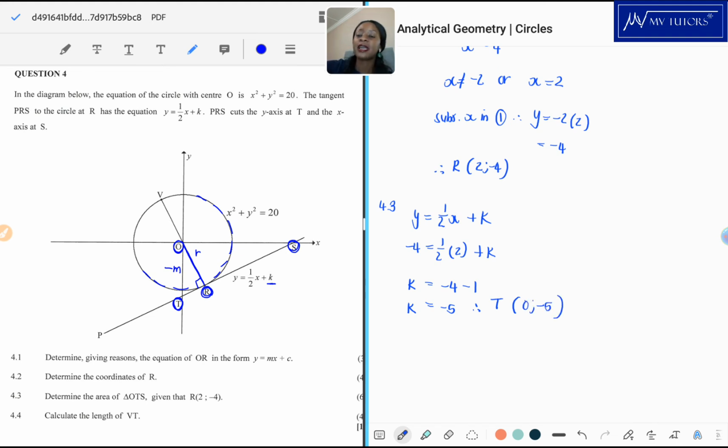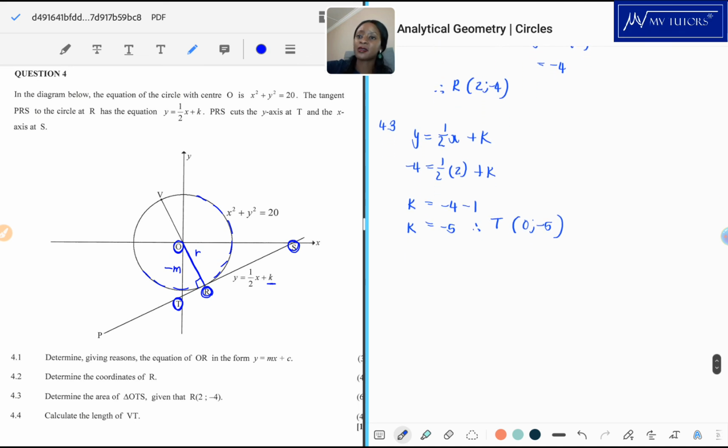Okay, and now we can get what s is. So if I have y is equal to half x minus 5, in getting the x-intercept, I'm going to have y being equal to 0. So I have 0 is equal to half x minus 5.